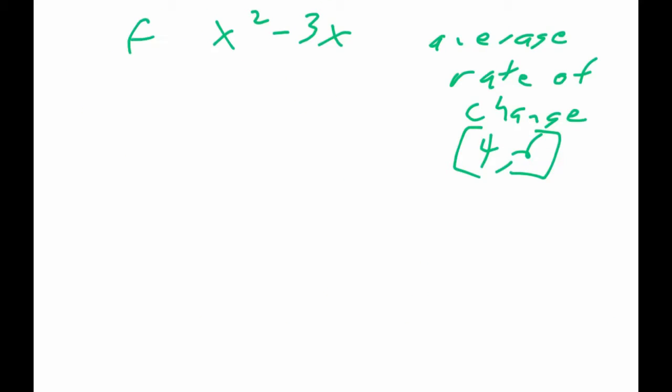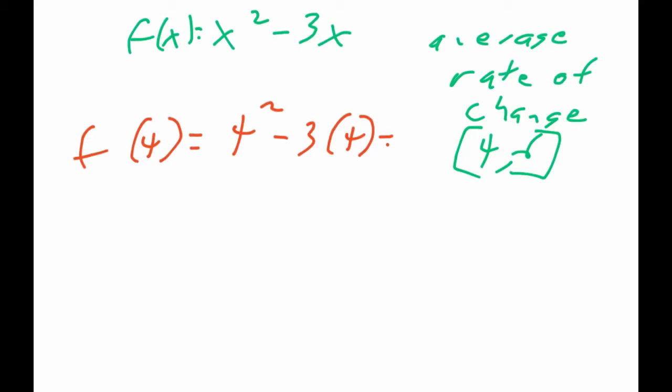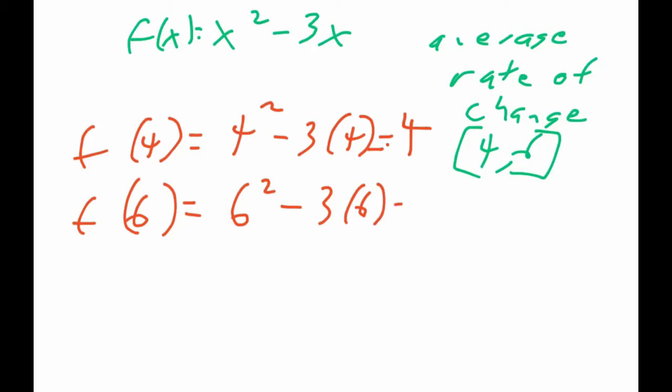To find the average rate of change for this problem, the first thing we need to do is find out what f of 4 is and what f of 6 is. So when I plug in 4, I get 4 squared minus 3 times 4, which turns out to be 4. And when I plug in 6, I get 6 squared minus 3 times 6, which turns out to be 18.